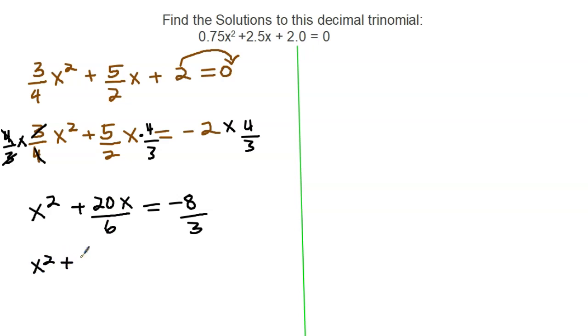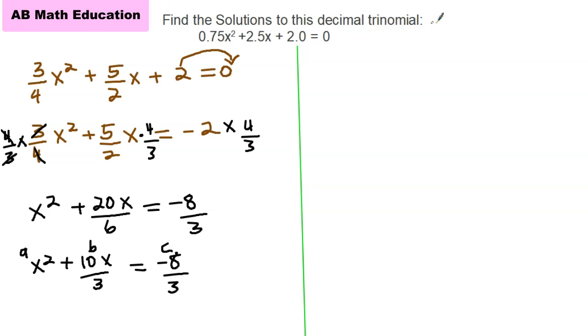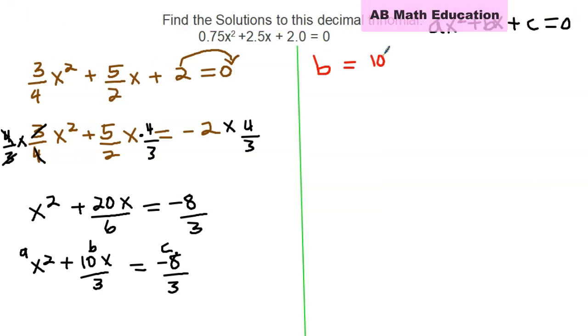We got 10x, and we will take our b here. Remember, this is a, b, c. And how did we get that? We are using the general formula, or the standard formula, to get a component. So we take our b, which happens to be 10 divided by 3, and what do we do? We divide it by 2.